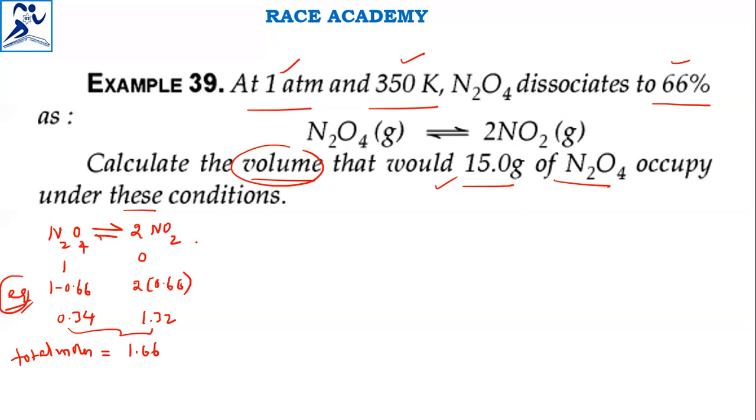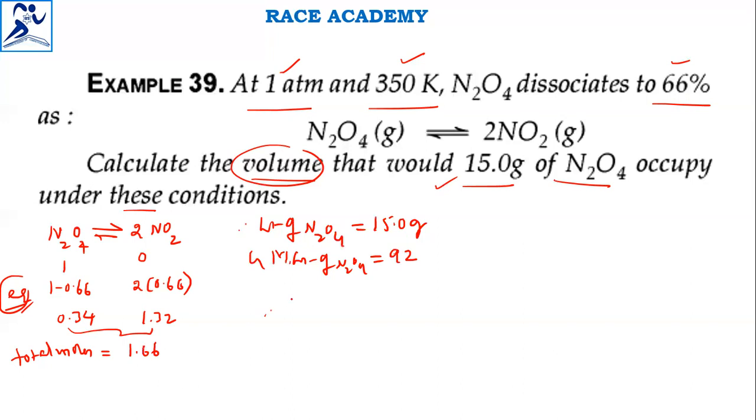And in this juncture, the weight of N2O4 given in the question is 15 grams. But we know the gram molecular weight of N2O4, summing the atomic weights, is 92.